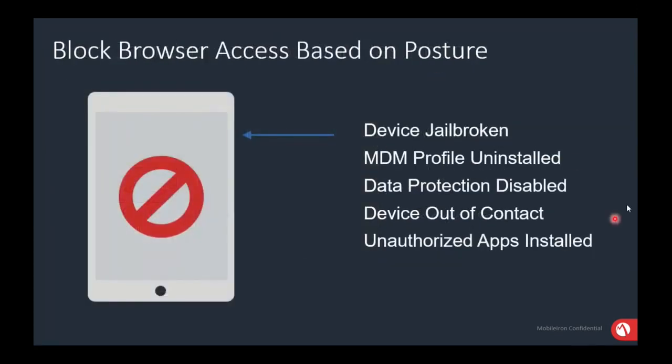You can also have a list of blacklisted and whitelisted apps. If a user has a blacklisted app, then when they open Web@Work, this UEM client will first check whether the device is compliant or not.